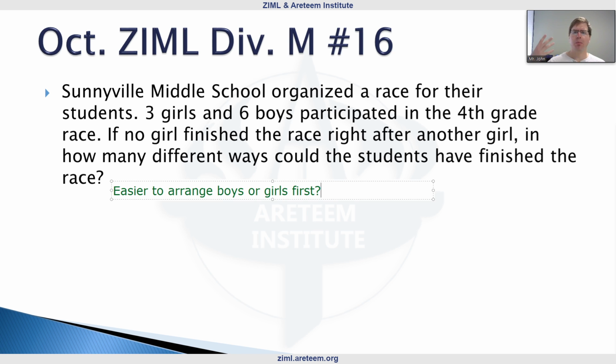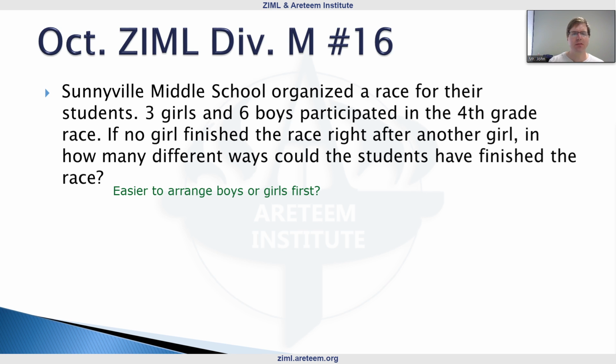No girl finishes right after another girl. That means the girls have to be separated. We have some restrictions on where the girls are. Because of that, it's probably easier to arrange the boys.